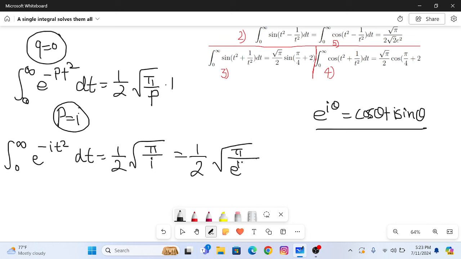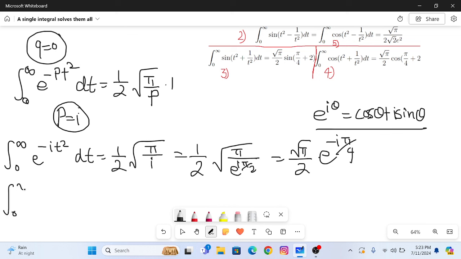If I now take the square root, this will be root pi by 2, and then 1 by e to the power i pi by 4, and when it goes to the numerator it will be e to the power minus i pi by 4. Now let me break this into two integrals.